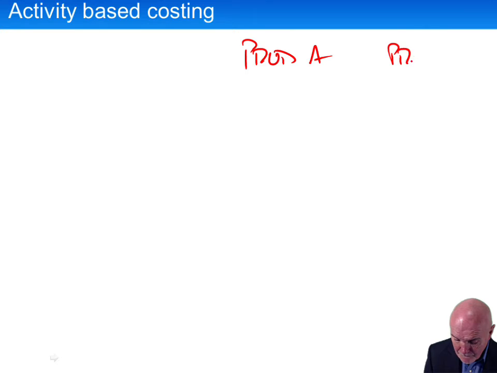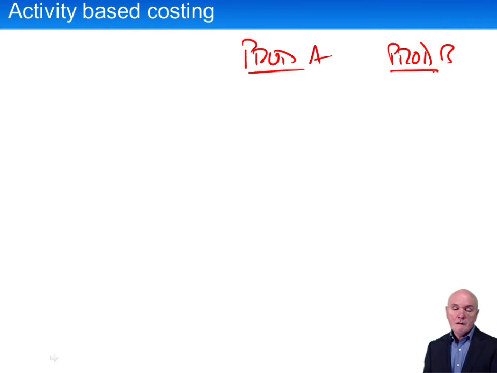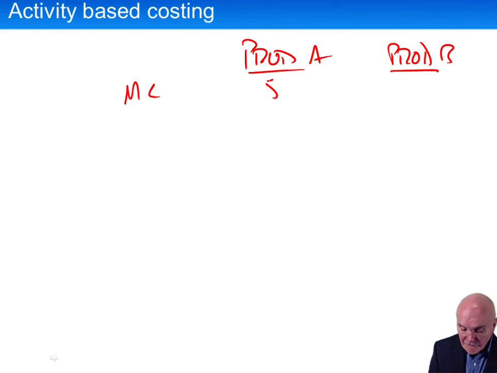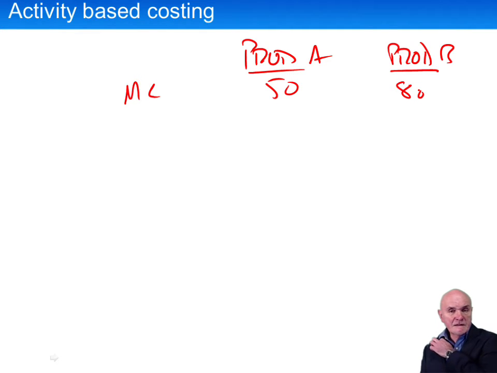So we have product A, product B. Remember, we said that the marginal costs are not changing this at all, so they were 50 and 80. But now, instead of lumping all of the fixed costs together and treating them all in the same way, we are treating each cost separately insofar as we can identify it.